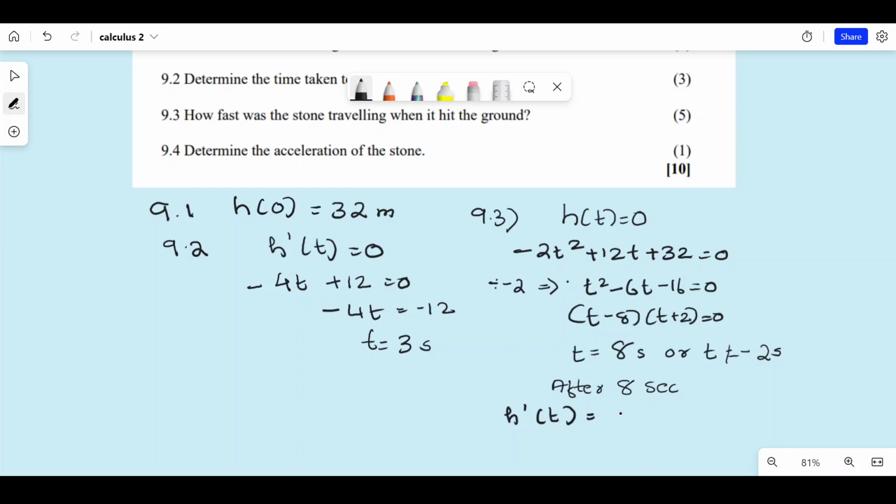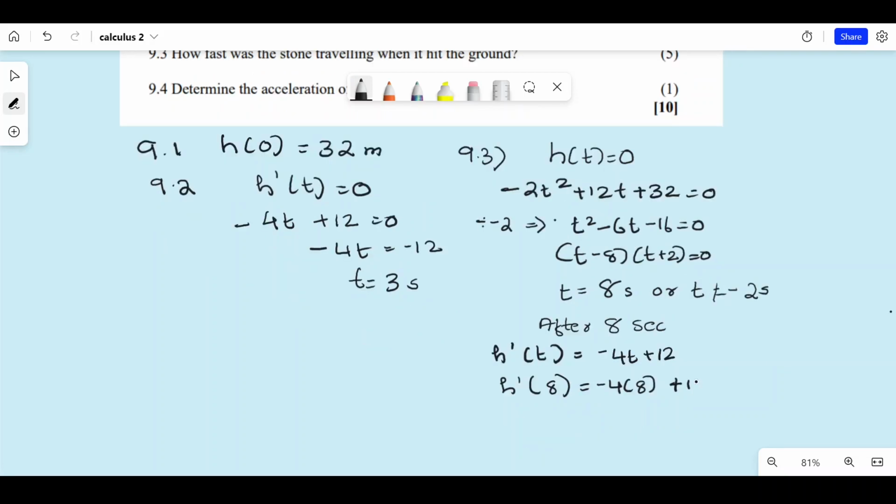So let's find h'(t) before you substitute t equal to 8. h'(t) is negative 4t plus 12. We already found it. All we are doing now is substituting t equal to 8: negative 4 times 8 plus 12, which gives negative 20, in meters per second because it's a rate of change.